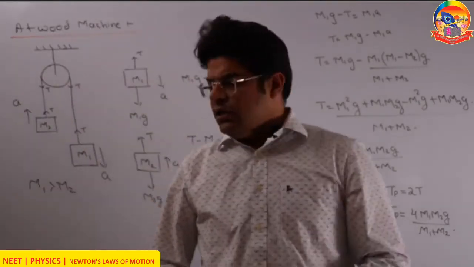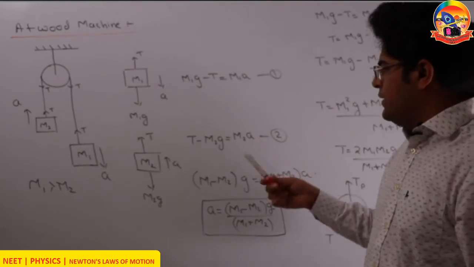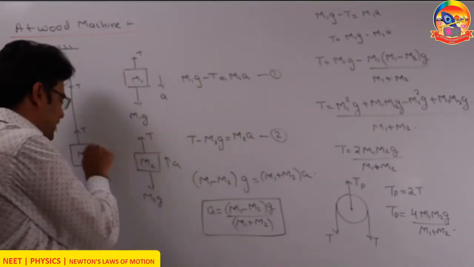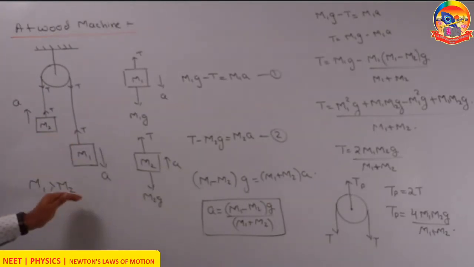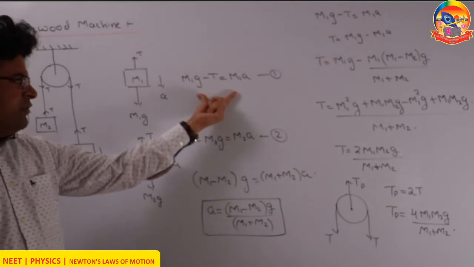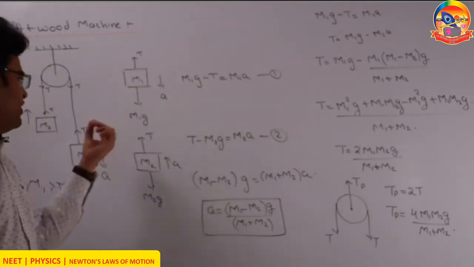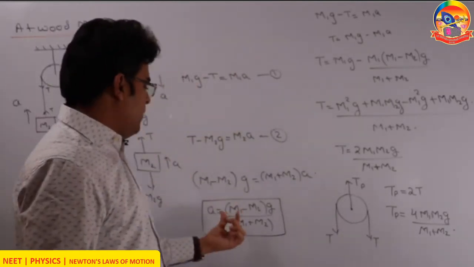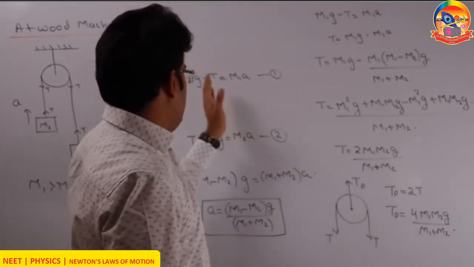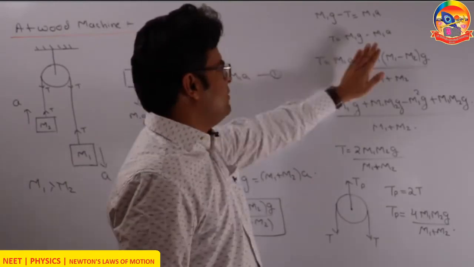The next thing that we need to remember is the tension in this string. Now see how to find tension. We know the acceleration of M1, using again this equation and substituting the value of acceleration, we can find tension. In M1G minus T equals M1A, tension can be written as M1G minus M1A.